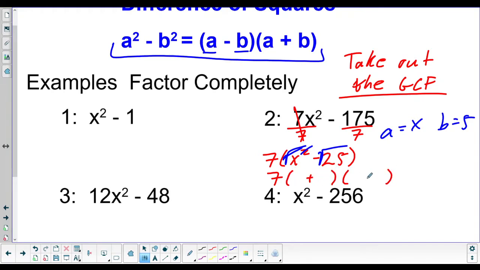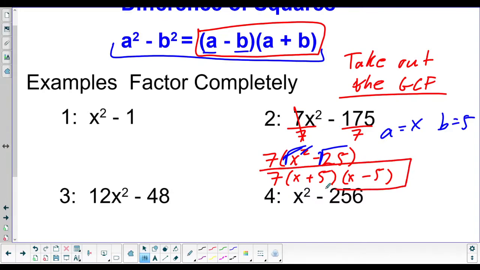One with a plus, one with a minus. Mr. Barton, it's in a different order up there. It doesn't matter. Multiplication is commutative, and the order doesn't matter. So it's going to be a plus b, so x plus 5, and a minus b, so x minus 5. And that's your answer. Pretty easy, right?